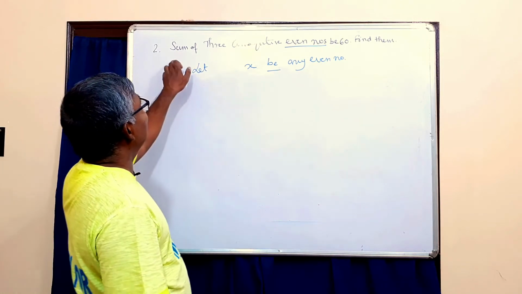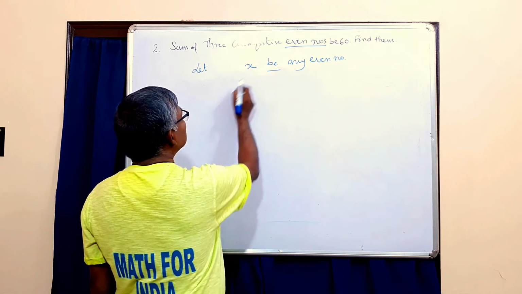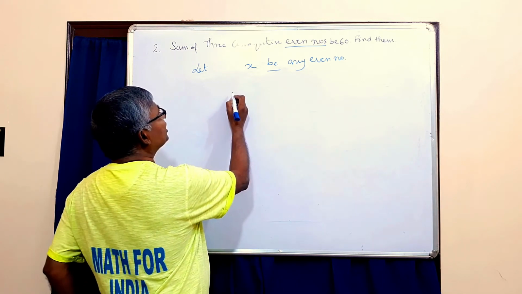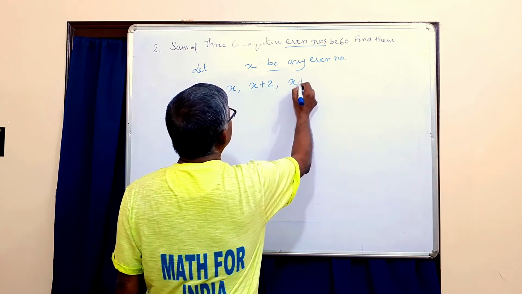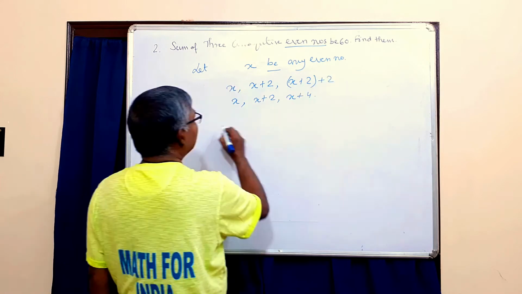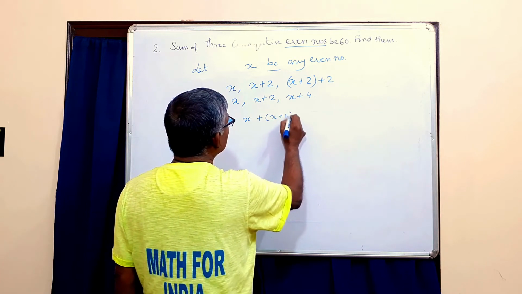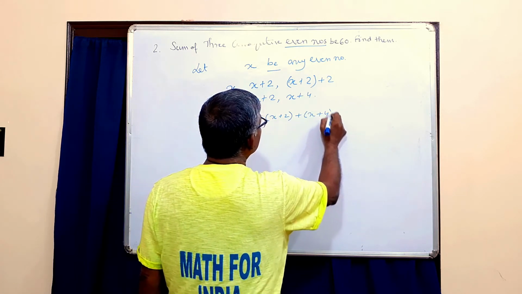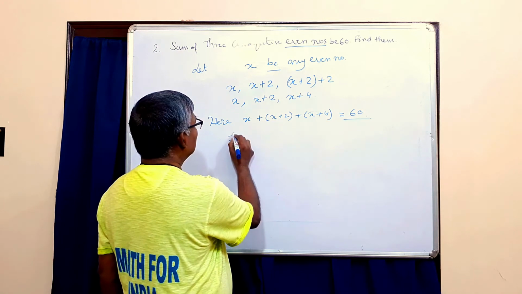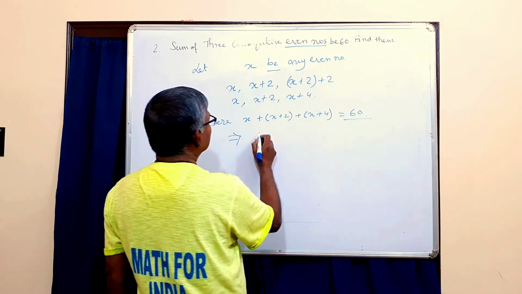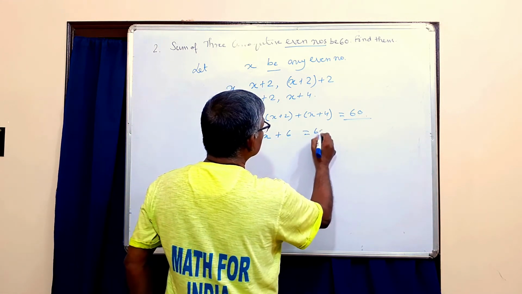Students, this problem can be solved otherwise. Here we have taken x as the first number. So the three consecutive even numbers are x, x plus 2, and x plus 2 plus 2. Here x plus x plus 2 plus x plus 4 equals 60, which is the given condition. This implies that 3x plus 2 plus 4, that is 3x plus 6, equals 60.